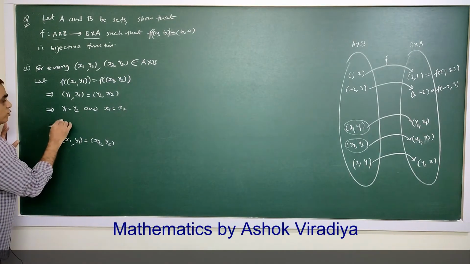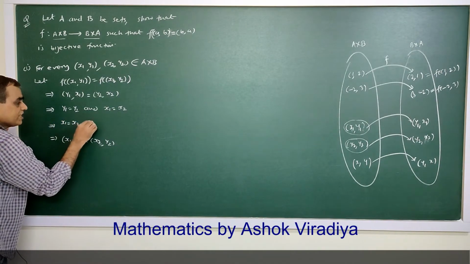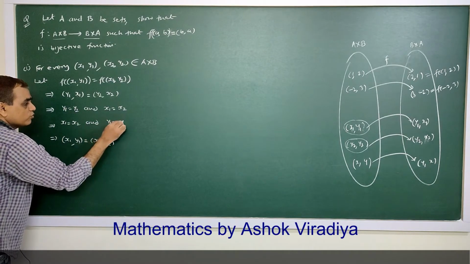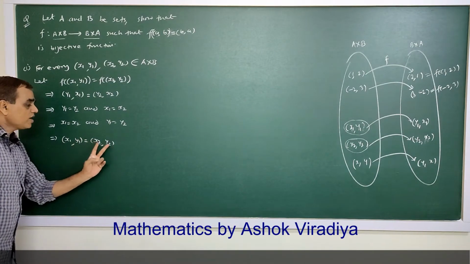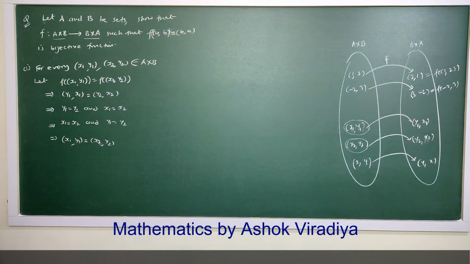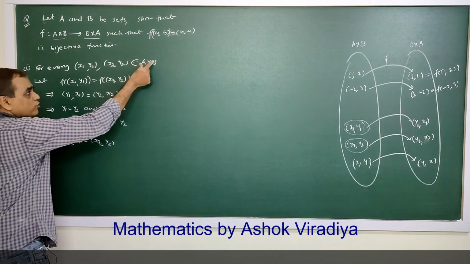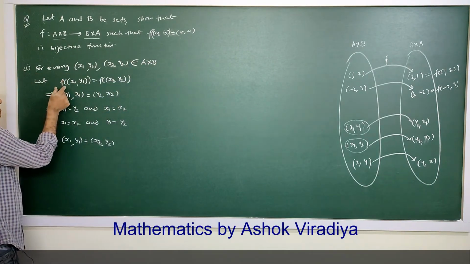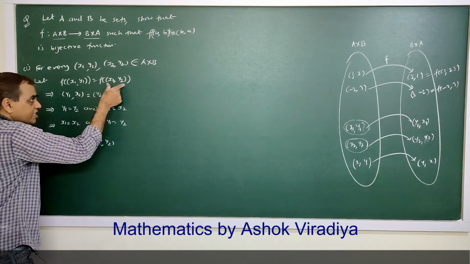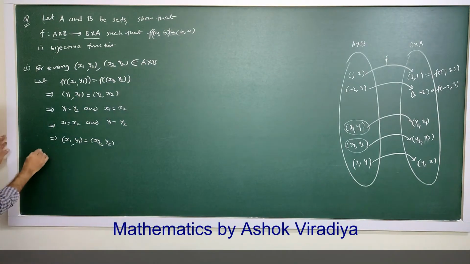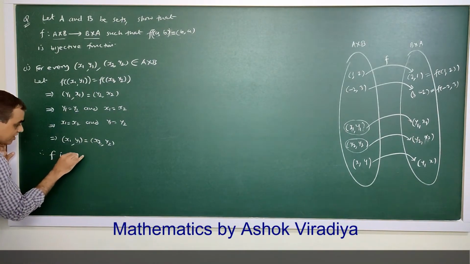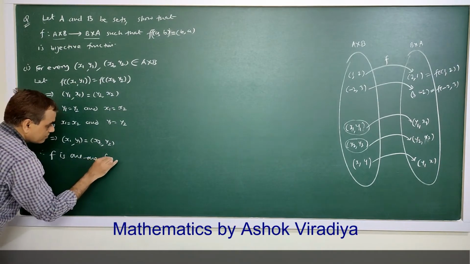This means x1 equals x2, and the same statement, y1 equals y2. That means (x1, y1) equals (x2, y2). Now match with the words of the definition: for x1, x2 belonging to the domain, f of x1 equals f of x2 implies x1 equals x2. Therefore this function is a 1-1 function.